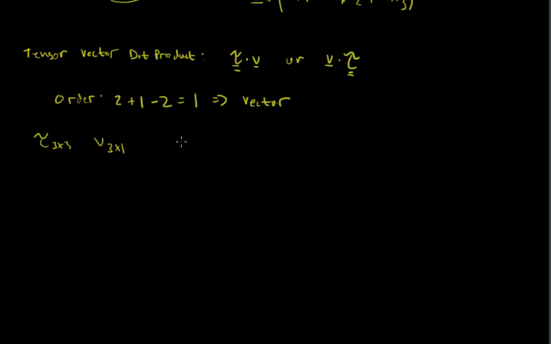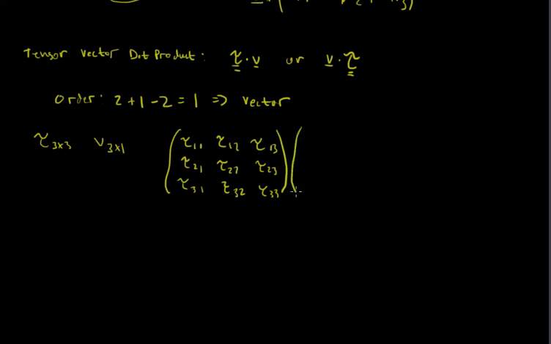So I'll go ahead and walk through that multiplication. So you have tau 1 1, tau 2 1, tau row 3 column 1, tau row 1 column 2, tau 2 2, tau 3 2, and just finish writing it out here. And then we're going to multiply it by the 3 by 1.